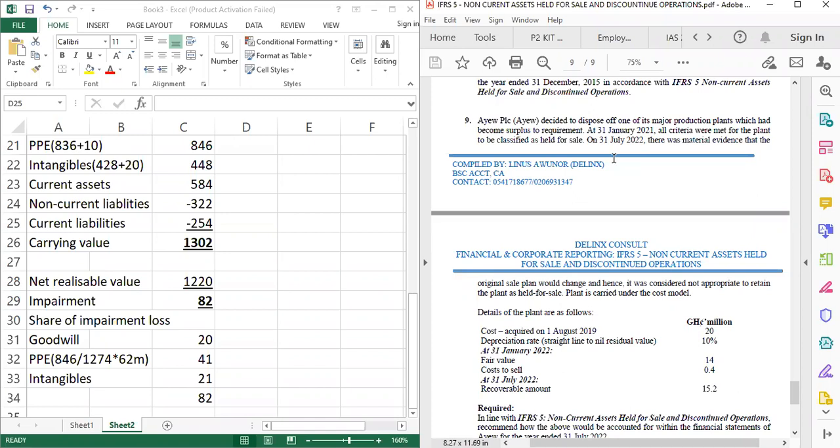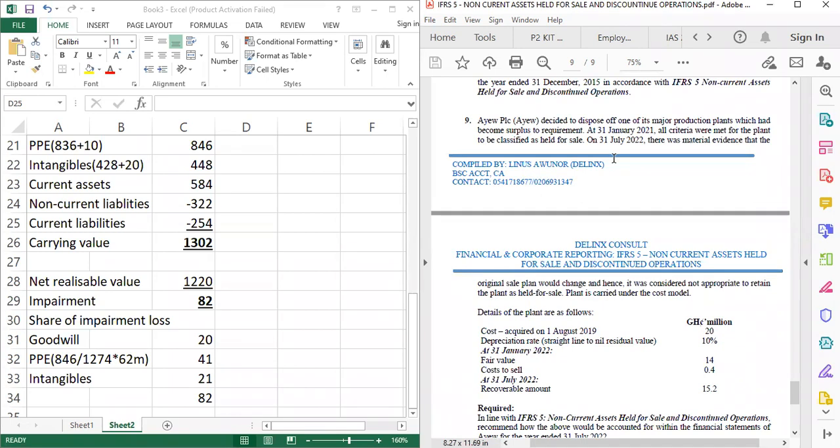Plant is carried under the cost model. Details of the plant are as follows. Cost acquired on August 2017. Depreciation straight line to nil, residual value 10%. At 31 January, fair value and cost to sell are given. At 31 July, we have the recoverable amount to be 15.2.